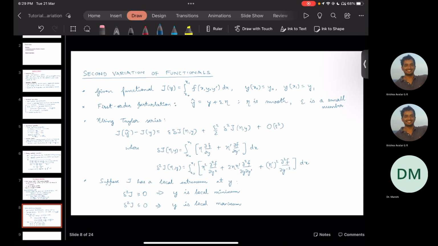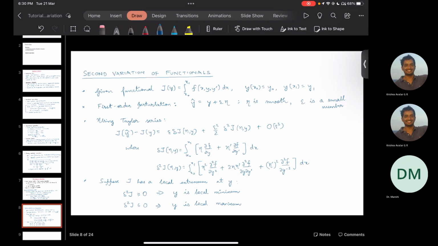Now suppose J has a local extremum at y. If delta squared J is greater than or equal to 0 for all eta, then y is a local minimum. And if delta squared J is less than or equal to 0 for all eta, then y is a local maximum.